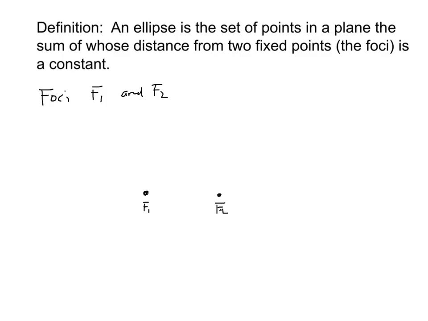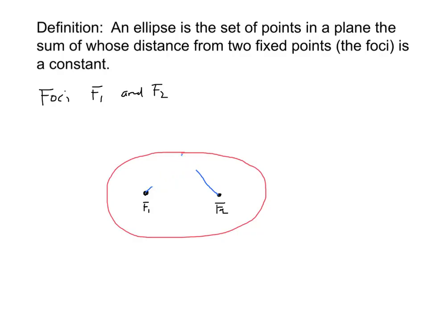And so points on the ellipse are anything that are some fixed distance away from these two points. So you take the distance between a point on the ellipse, so here we'll draw up to some point on the ellipse. The length of this distance plus this distance should be a constant. So if I draw all the points that have the same sum of distances, those will be the points on the ellipse.